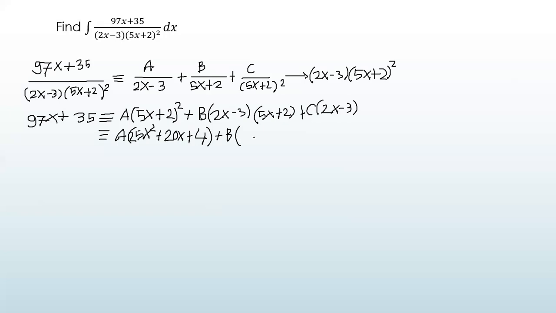For b, it's going to be 10x squared, and then 2x becomes 4 minus 15x plus 4x, so minus 11x minus 6. Plus c times 2, 2cx minus 3c.